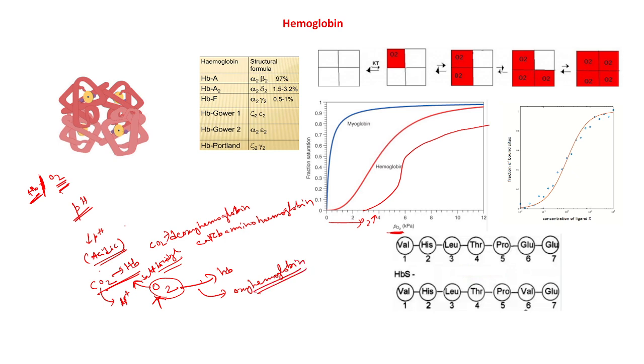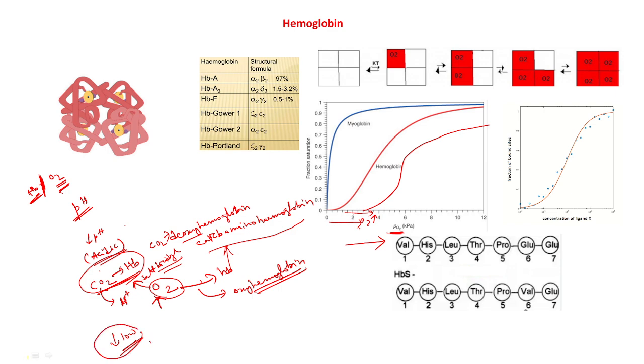Okay. So at low pH or acidic condition, carbaminohemoglobin is found. In that case, a much higher concentration of oxygen is needed. That's why the curve is shifted to the right side of the graph. The affinity of oxygen in that case is very, very low.